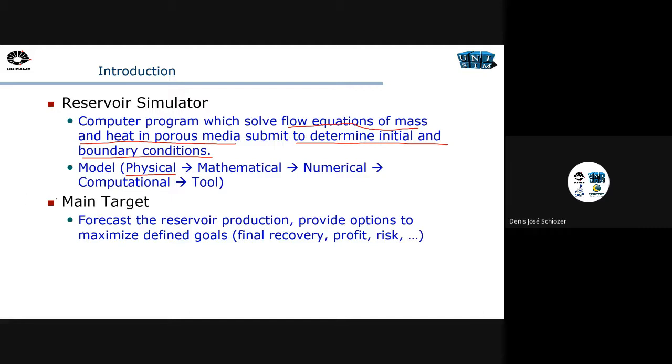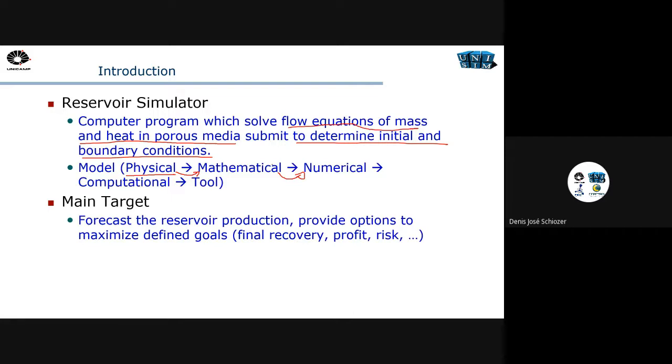Then we are going to try to understand this behavior and write mathematical equations in order to mimic this physical behavior. We could solve these mathematical equations, but as we have a complex reservoir with complex boundary conditions and complex fluids and so on, instead of solving the mathematical equations directly or analytically, we normally solve them by a numerical method.